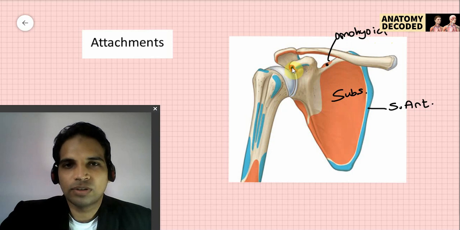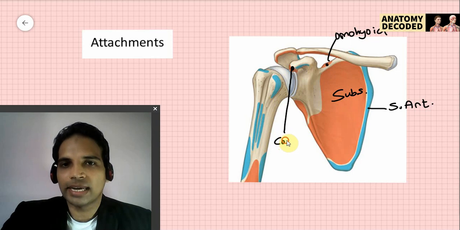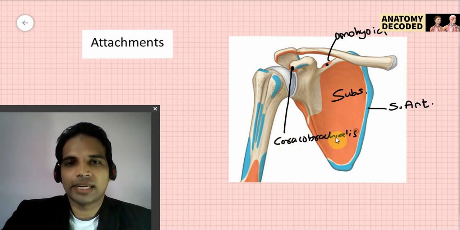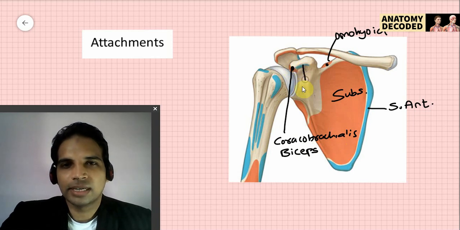Then the tip of the coracoid process has attachment to two muscles, coracobrachialis and the short head of the biceps brachii. The short head of the biceps brachii, as well as coracobrachialis, arises from the tip of the coracoid process. Here we can see one muscle, that is pectoralis minor.